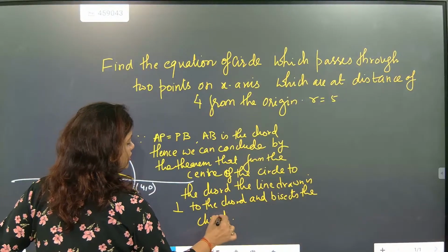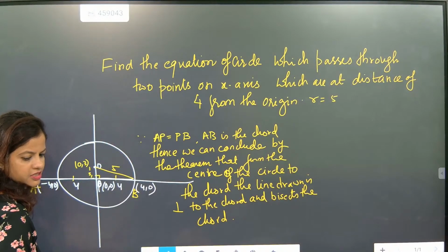So the line which is drawn is perpendicular to the chord and bisects the chord.